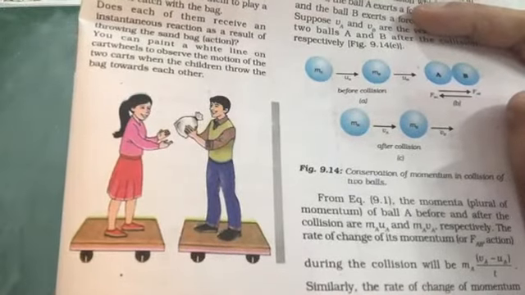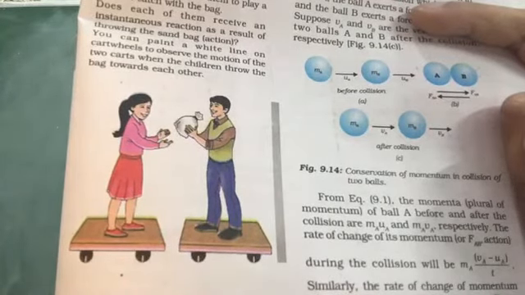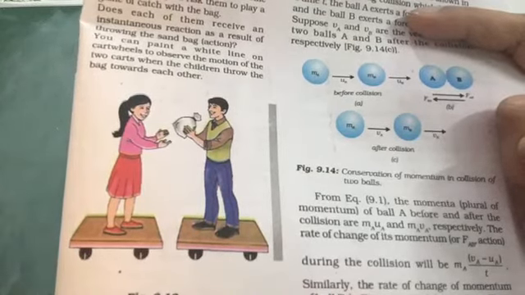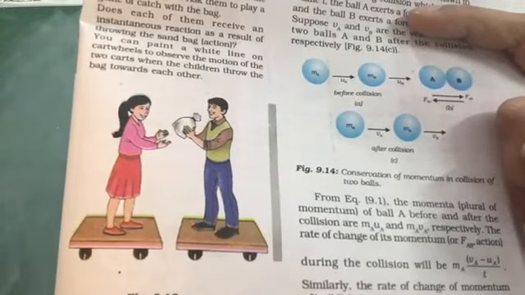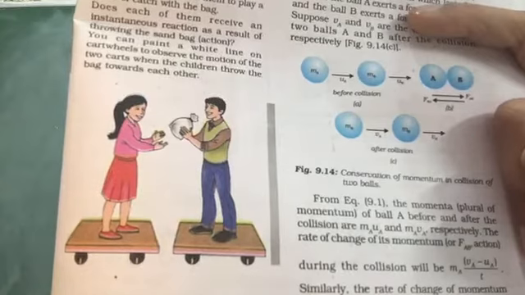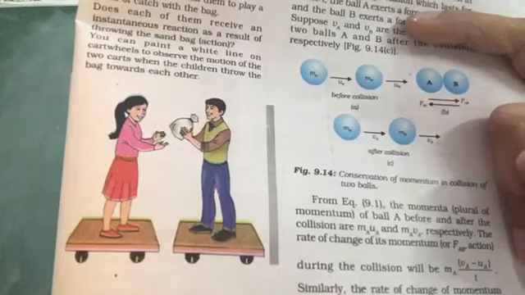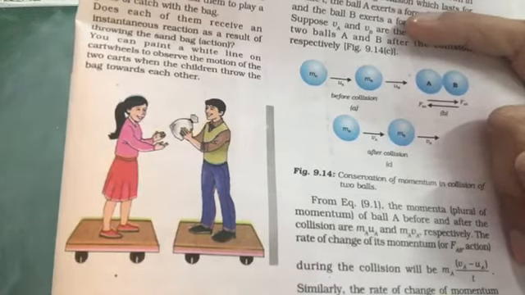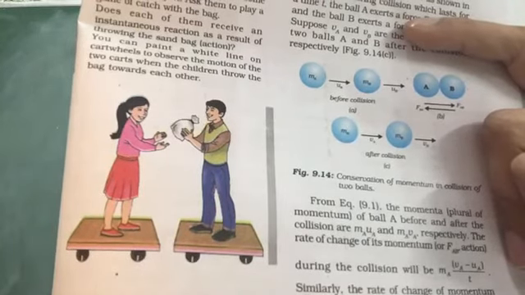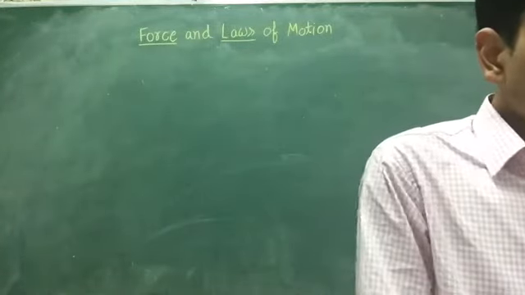They are pushing a bag towards each other while standing on wheels. One boy is throwing a bag to the girl. Obviously, due to the force, the girl will go in the backward direction. The boy will also go in the backward direction. He applied force, but he will also go backward because force will act on him too, equal and opposite. He applied force on the bag, so the bag also applied force on him. So both of them while playing this game will go in the backward direction. Both of them will get an instant reaction. That is also an example.